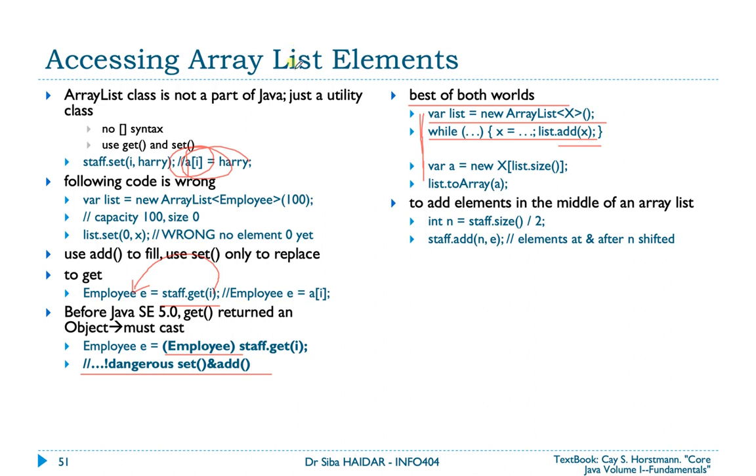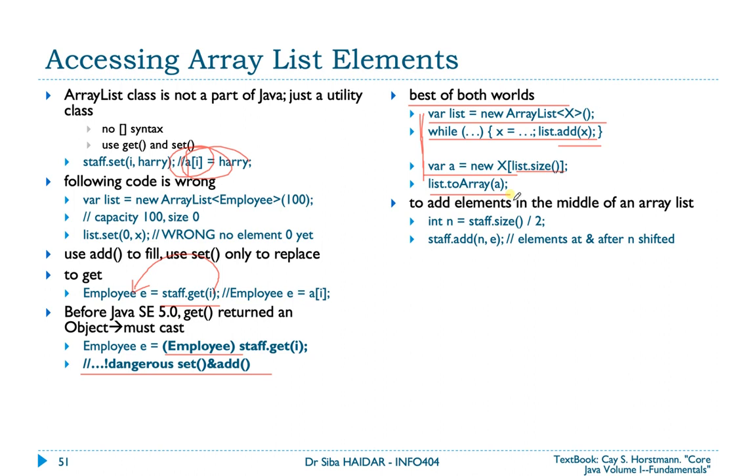Once you know that your array list will not change in size anymore, you declare a variable of type array, this time new X of the same size as your list, an array of X, square brackets, list.size(). Look at what we did.